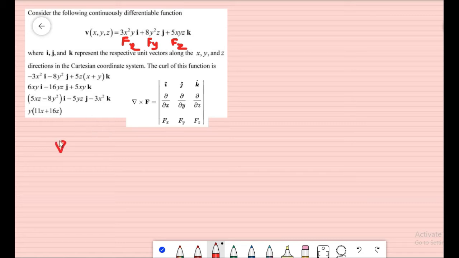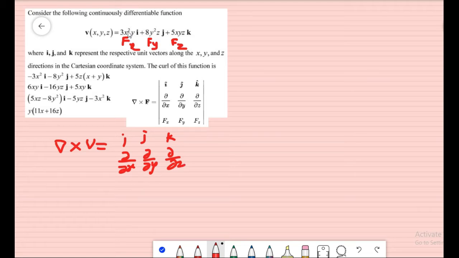So del cross v is equal to the determinant with i j k, dou by dou x, dou by dou y, dou by dou z.